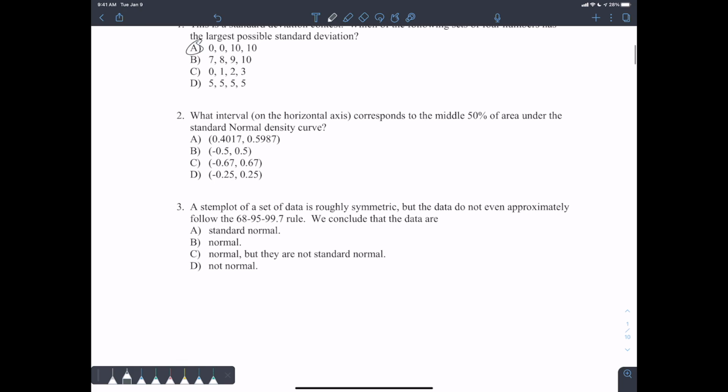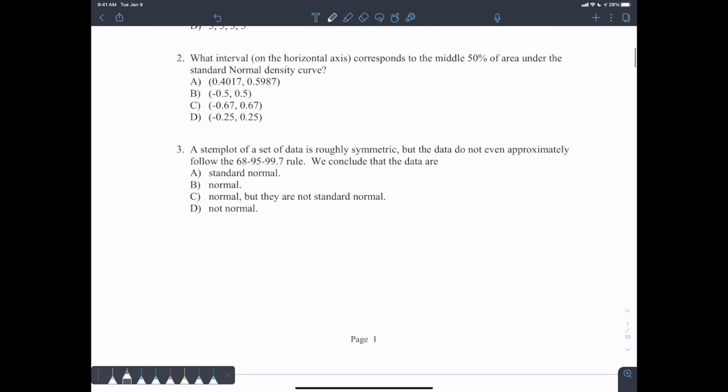Question 2, what interval on the horizontal axis corresponds to the middle 50% of the area under the standard normal density curve? So on a normal density curve, that looks like this. Let me do some drawing here real quick. Looks like this. That's not bad.